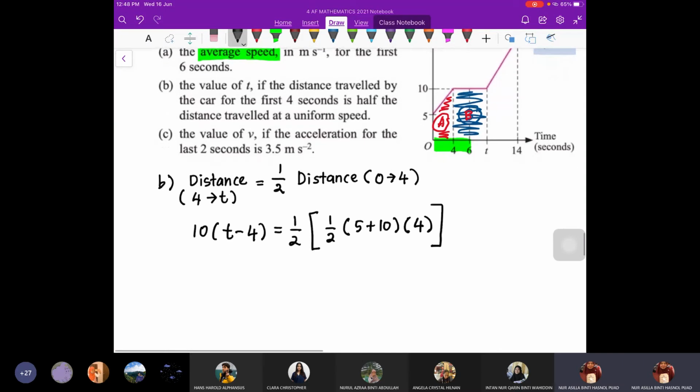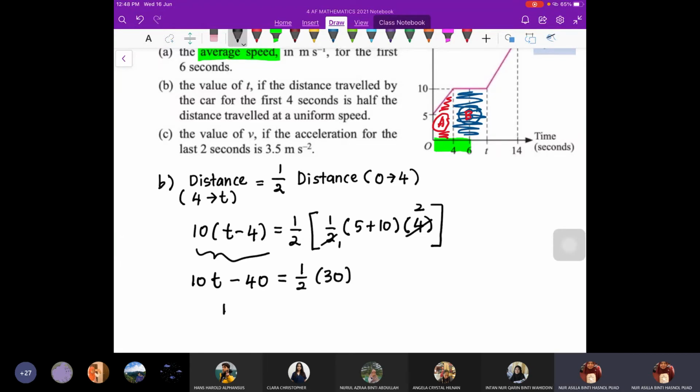Okay. So jadilah ini kamu kena expand. So 10t minus 4t equals to ni dan trapezium ni saya simplify. So half times 30.